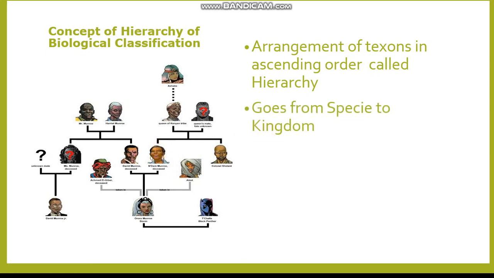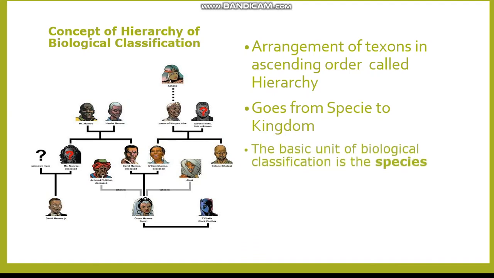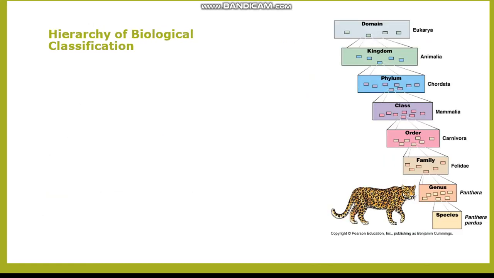This biological hierarchy goes from species to kingdom. Species are groups of organisms which are combined to make a kingdom. The species is the basic unit of biological classification. It means we classify species. Our classification starts from species.